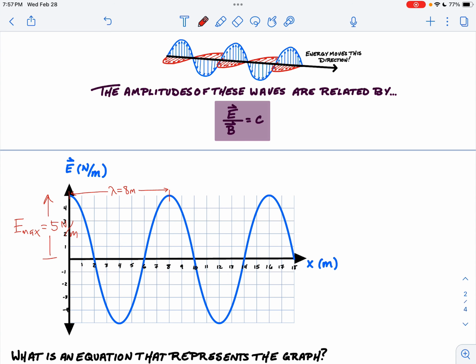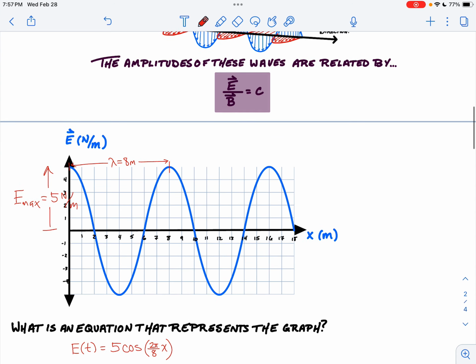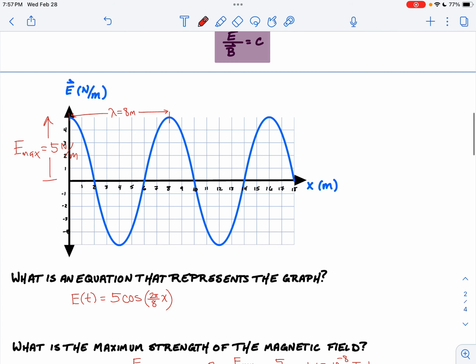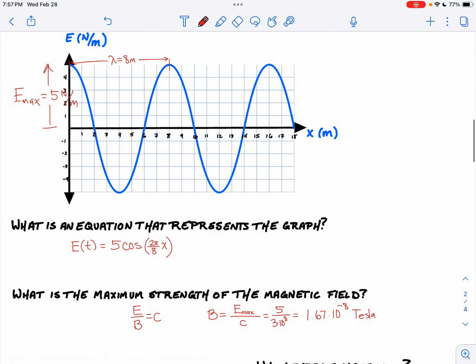We could get an equation that represents the graph. That would be 5 cosine of 2π over the wavelength times x. And then we could figure out the maximum strength of the magnetic field, or the magnitude of the magnetic field, with E over B equals c, where c is the speed of light.